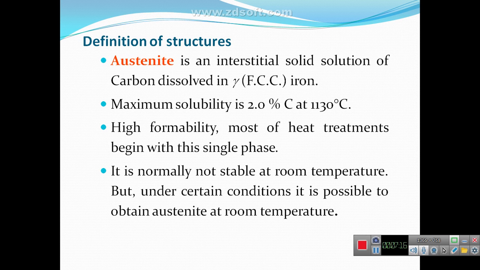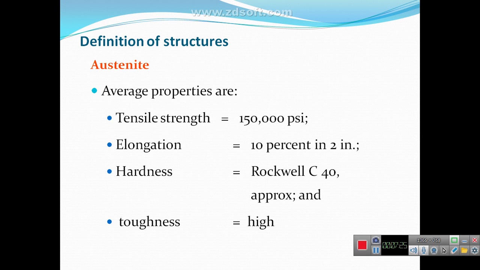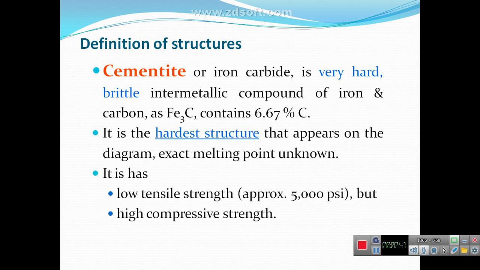It is normally not stable at room temperature, but under certain conditions, it is possible to obtain austenite at room temperature. The average properties of austenite are tensile strength 150,000 psi, elongation 10% in 2 inches, hardness C40. Toughness of this austenite structure is very high.